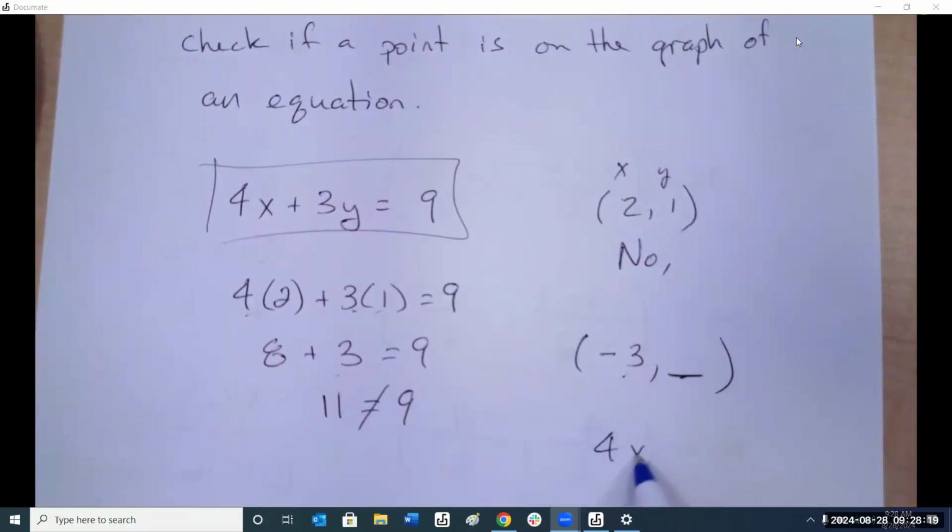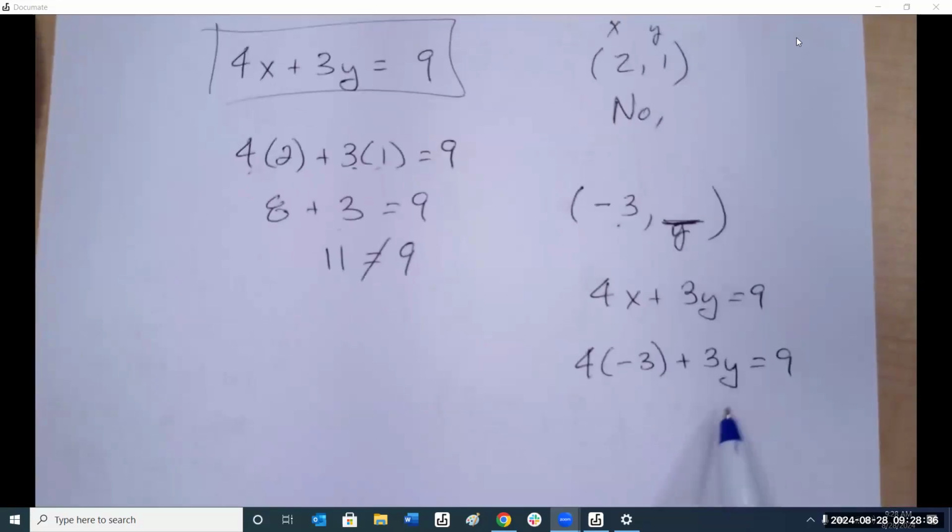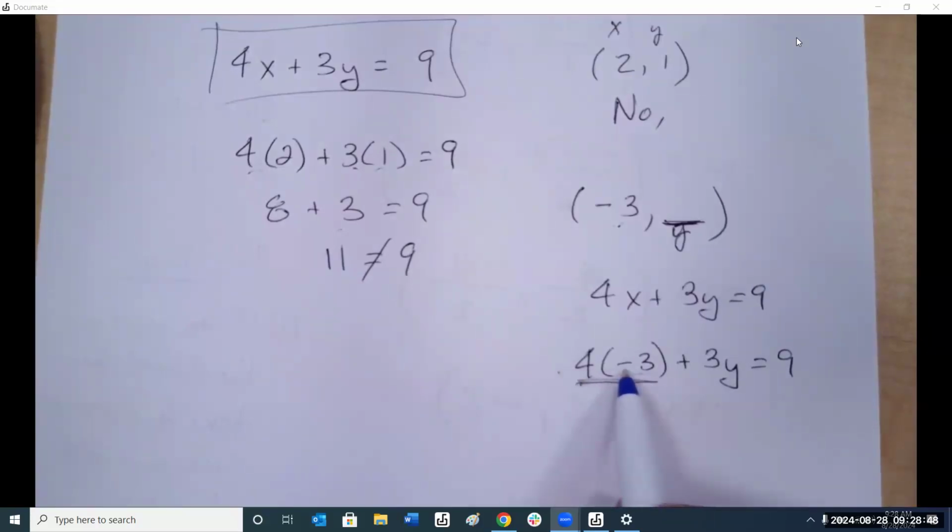We know we have to use this equation. We know what X is. We have to find Y. So let's begin. What do we do first? We can't do anything inside the parentheses, so we multiply to get rid of the parentheses. Positive times negative, negative. 4 times 3.